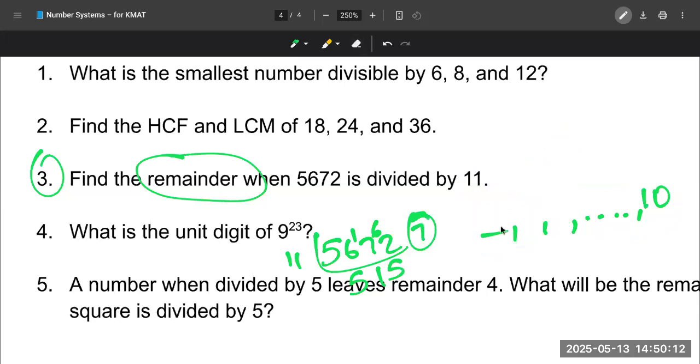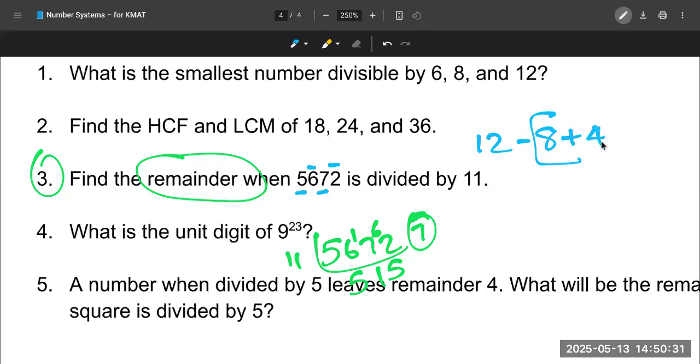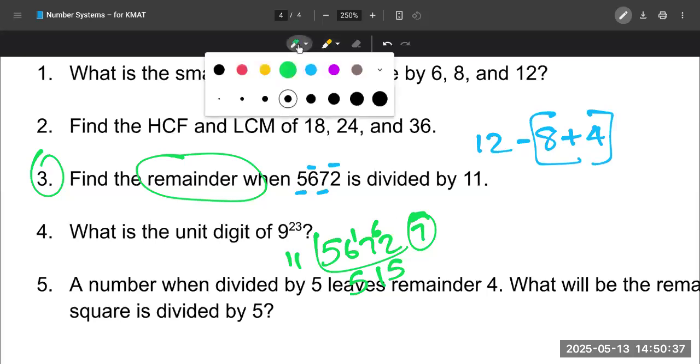There is also another way. So 5 plus 7 is 12. 6 plus 2 is 8. If it was 12, it would be divisible by 2. Then that means we should add 4.